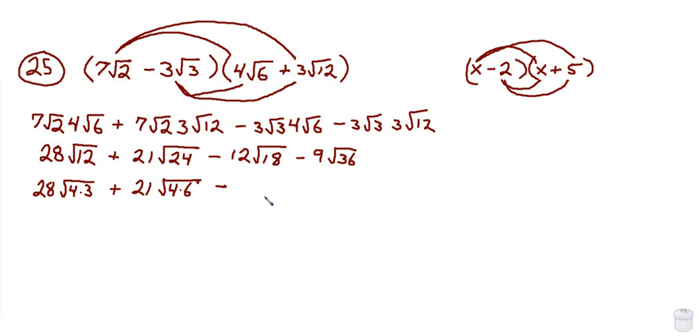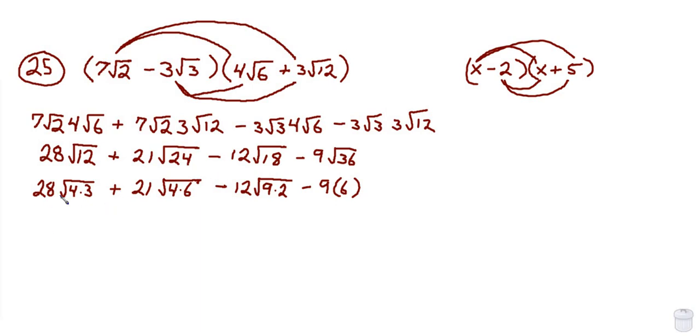Then we have minus 12 square roots of 18. Underneath the radicand, 9 times 2 is 18, and 9 is a perfect square, so I'll write square root of 9 times 2. And the last one we have is 9 square roots of 36. That is a perfect square. Square root of 36 is 6.